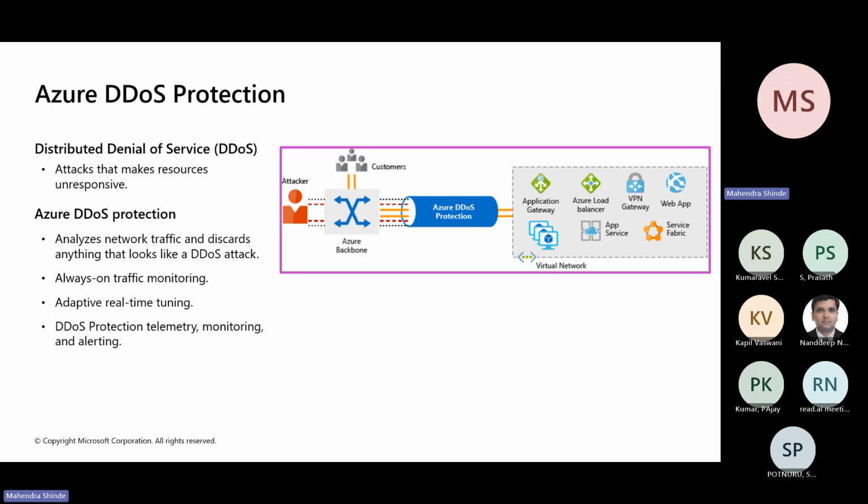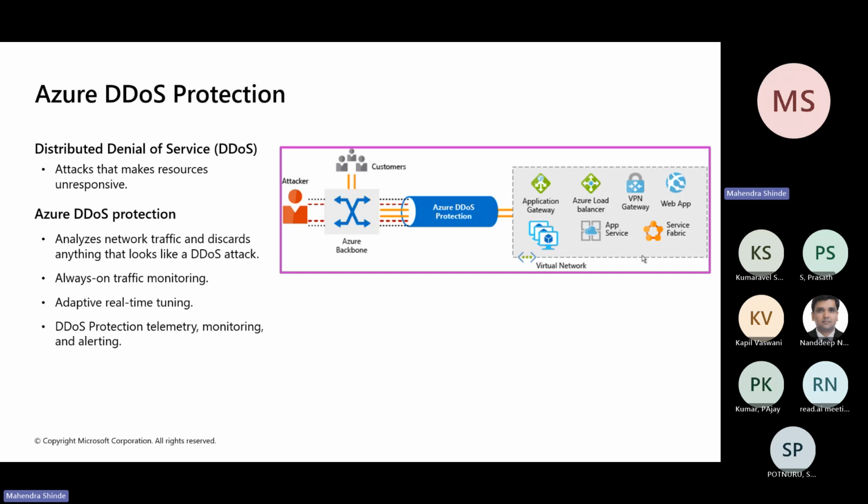And it can work with a variety of services. For example, DDoS protection is available on VNet. So you go to VNet and enable DDoS protection, and it will protect your workload. Let's say you have deployed your workload in virtual machines, or your applications in app services or web apps.